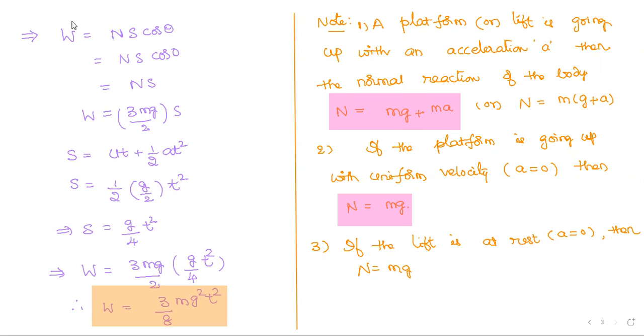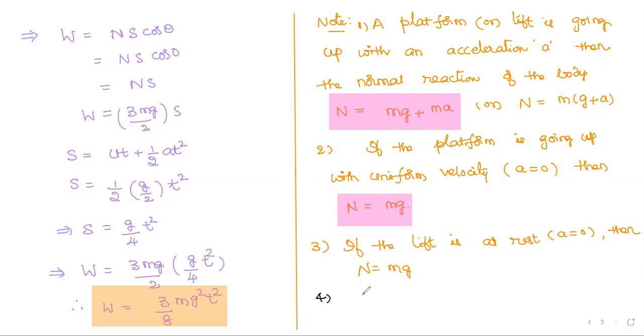And here the fourth point is, that platform is not going up, not going from ground floor to fifth floor. It is coming from fifth floor to ground floor. Fifth to ground means you are going down.